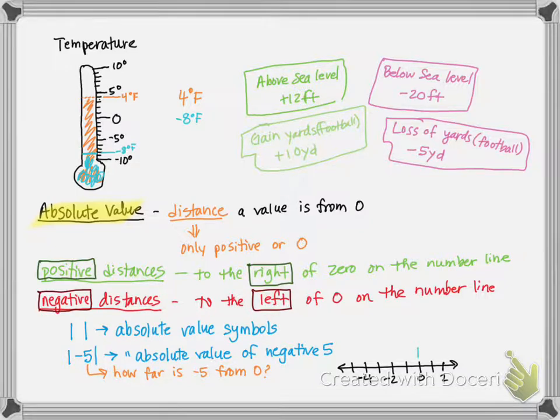So here's 0, here's negative 5. Okay, and we want to know what that distance is from here to here. And basically, I would be counting 5 units over. Units just mean, I don't even know what I'm measuring in. Feet, miles, inches, meters, centimeters. It's just 5 intervals away from 0. Okay? All right, I'm going to go to the next screen for our examples, and then we'll be done.